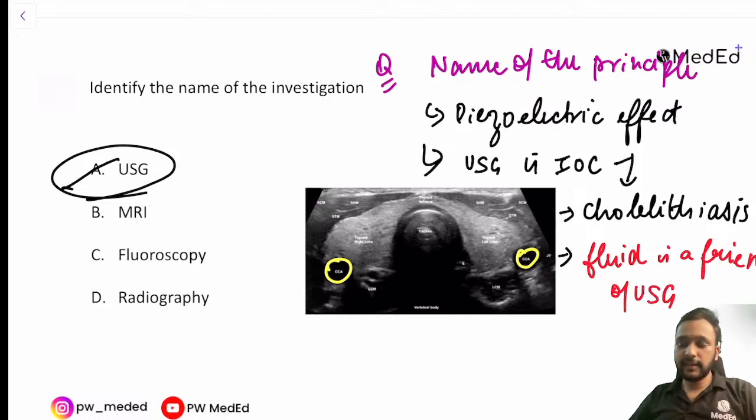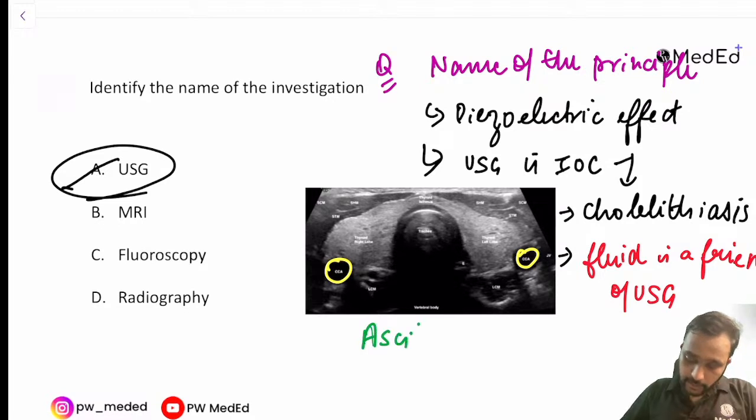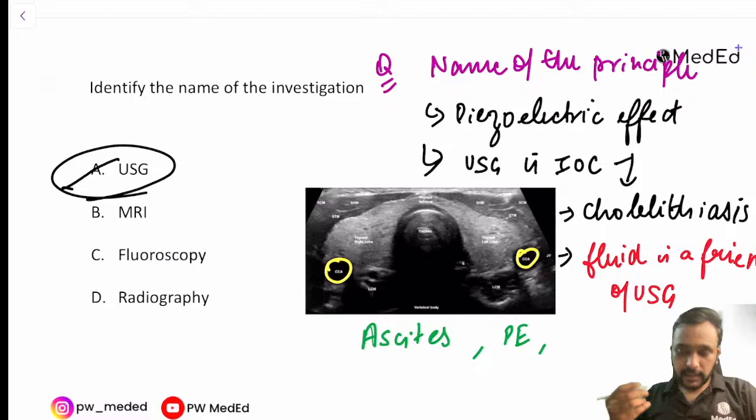So if there is fluid anywhere within the body, whether it is ascites, ultrasound will be a better investigation. Whether there is pleural effusion, again ultrasound will be a better modality, right? So this was all about ultrasound.